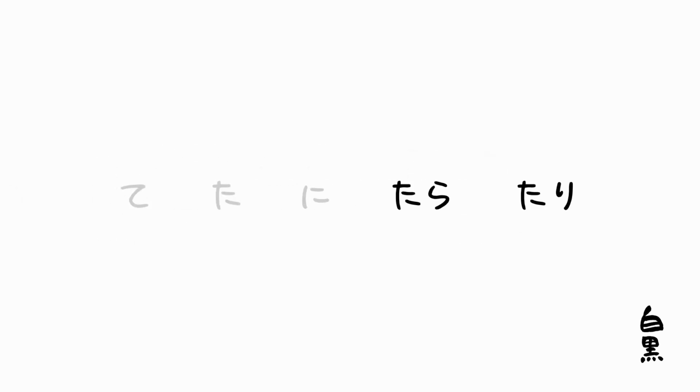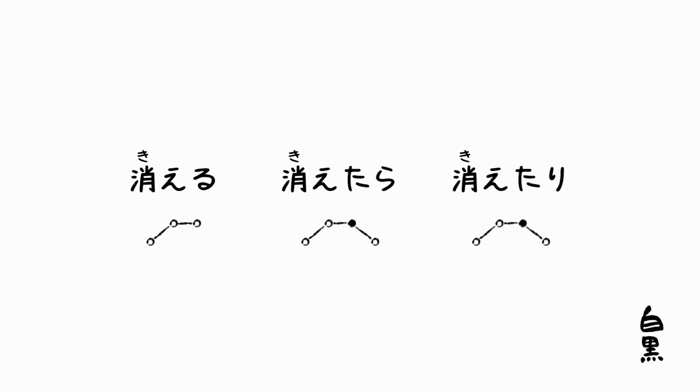Now let's look at たら and たり. You may already hear that both of them carry an accent nucleus on た. Therefore, when they attach to a nucleus-less verb, they sound very smooth and natural. For example, 消える becomes 消えたら and 消えたり.